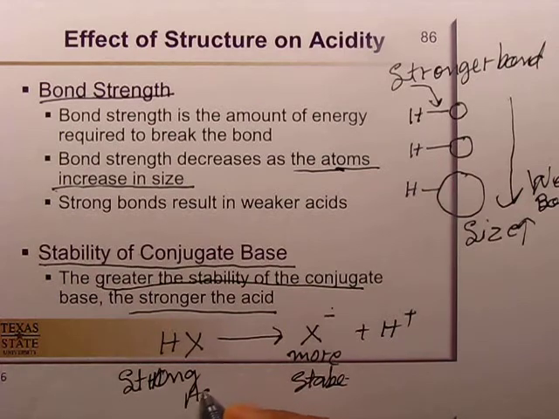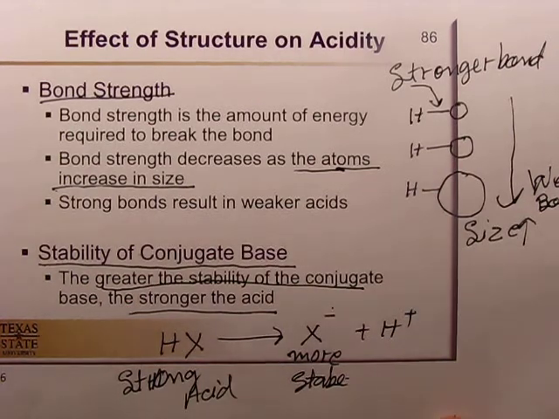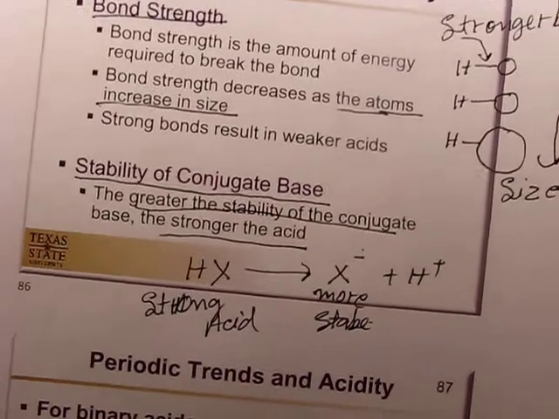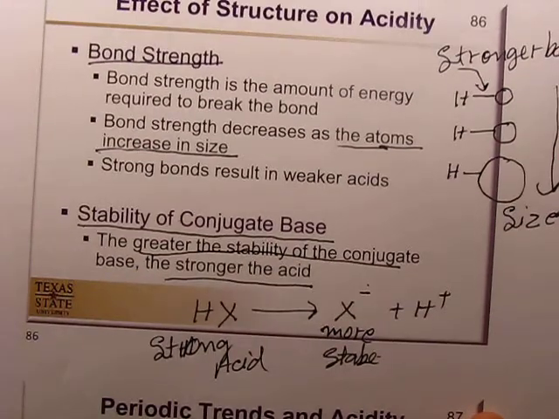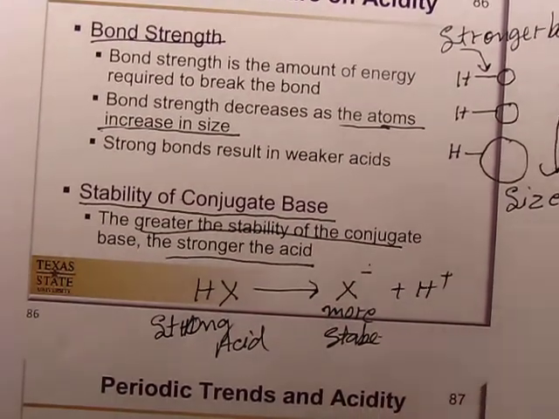So these were the three effects on acidity: polarity, bond strength, and stability of conjugate base.